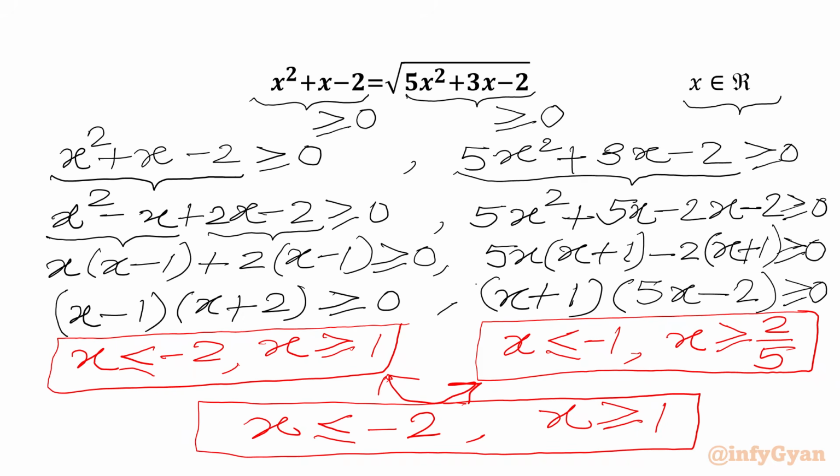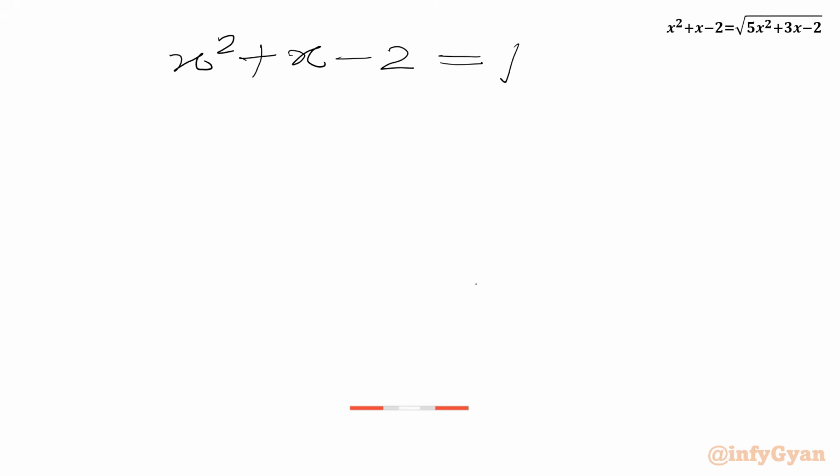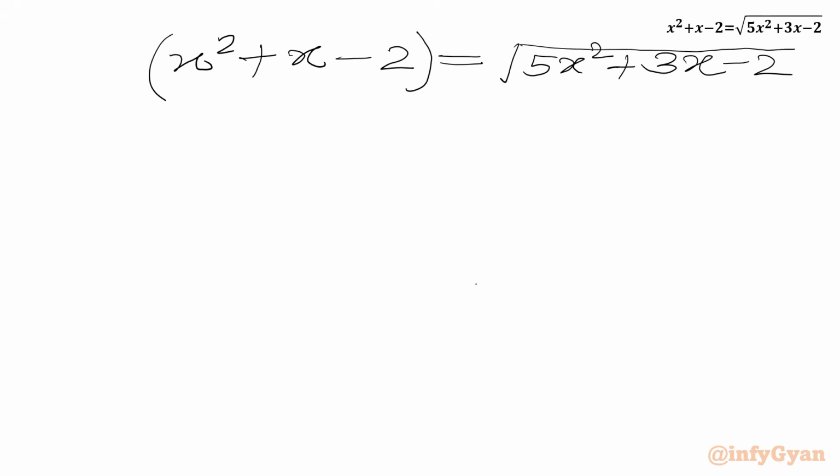Now we are going to square both sides. And we won't square only. Let me write the equation: x square plus x minus 2 equals square root of 5x square plus 3x minus 2. Now we'll be squaring both sides.